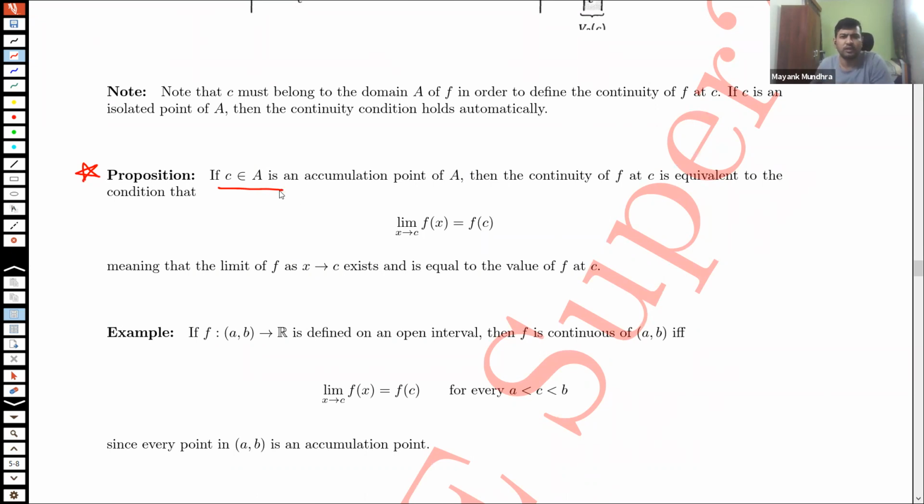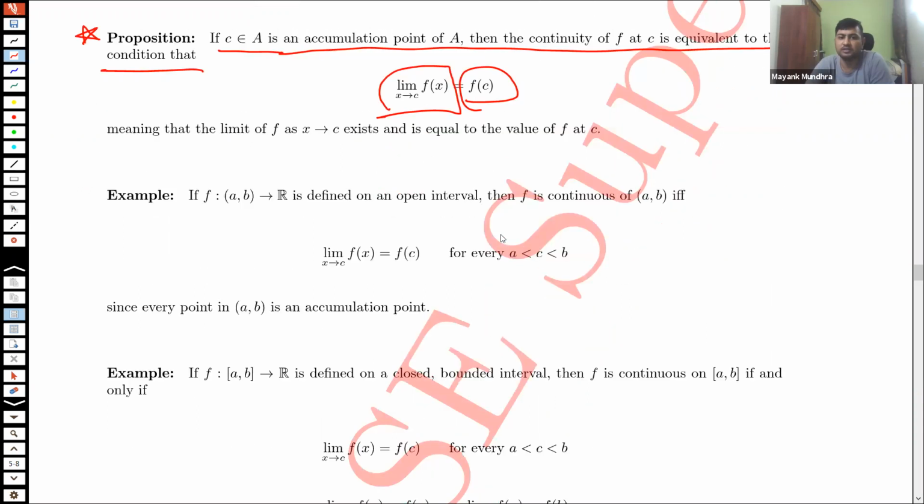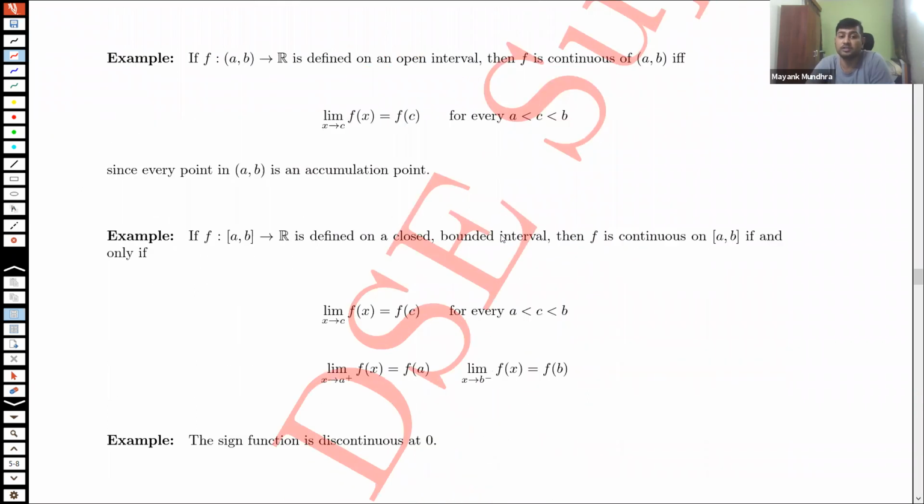This is the important bit. The continuity of f at any point C is equivalent to the condition that the limit of f at C should be equal to the functional value at C. So if the functional value is equal to the limit of that function, then the function is continuous.